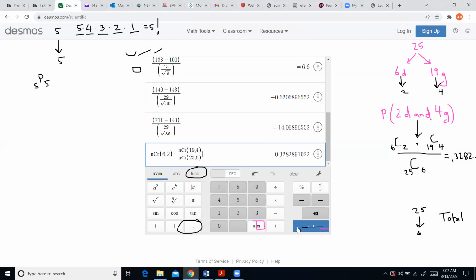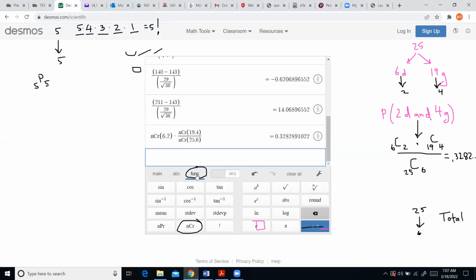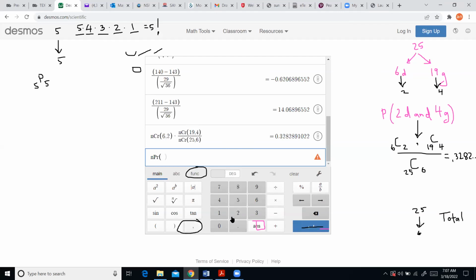So we can double check this right now, just for practicing using the calculator's sake. Notice here's the permutations, right, next to combinations. Go back to main, and you choose from 5, all 5, and you see that indeed it is 120 or 5 factorial.